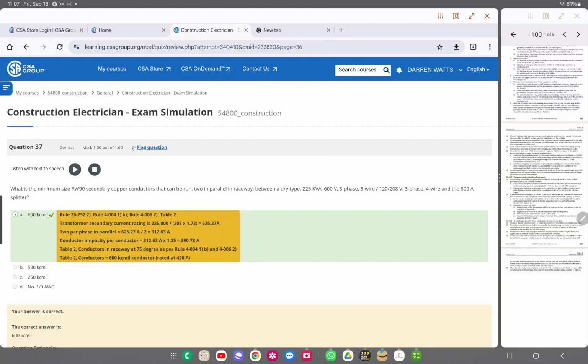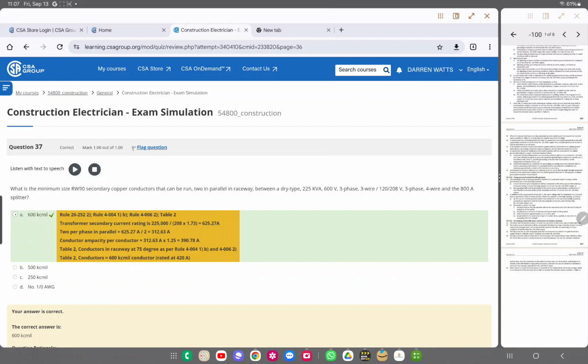There's a lot going on in this question, and only some of the information is important. That's why you have to constantly read these questions over and over again, because what is the minimum size RW90 secondary copper conductor?